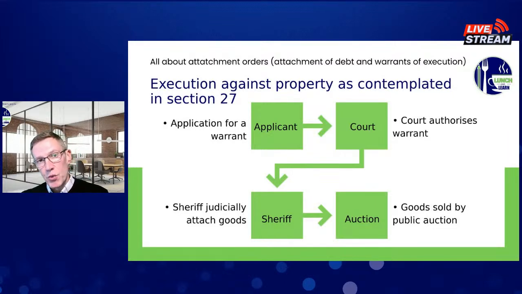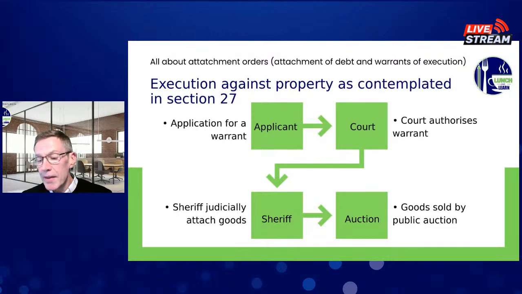And then ownership would transfer to the new owners, and they would pay money for those goods of the respondent. The proceeds thereof, after the sheriff has deducted his costs, obviously, for the sale and execution, would be paid over to you as the complainant having the order.